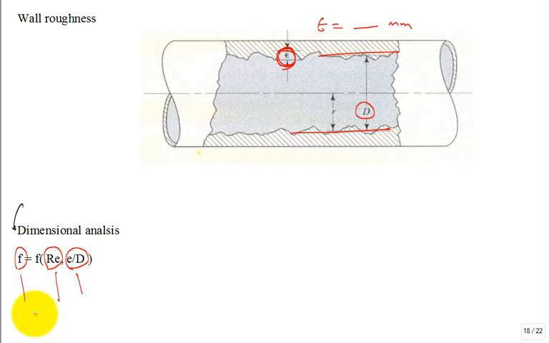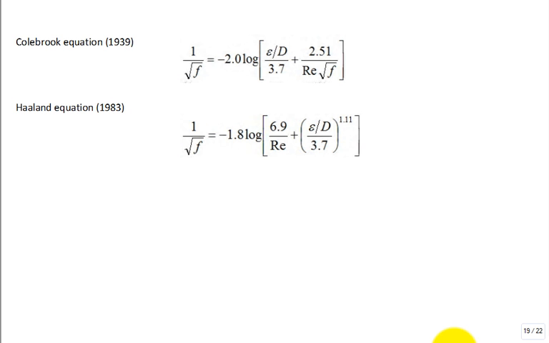But the dimensional analysis just tells you the relationship, it doesn't give it to you. So what we do is we apply it to a bunch of experiments, and then you do some curve fitting, going all the way back to before you were born, 1939. Colebrook put out an equation. It looks like this.